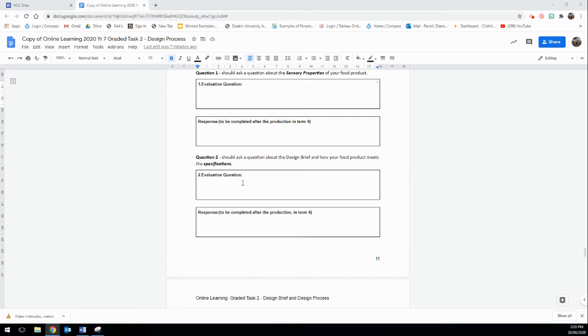Remind yourself of what the constraints and the considerations were for this particular task, and then you're going to focus your question for evaluation around those things. Again, you don't need to respond to this question. You'll be completing that after the prac in term 4.